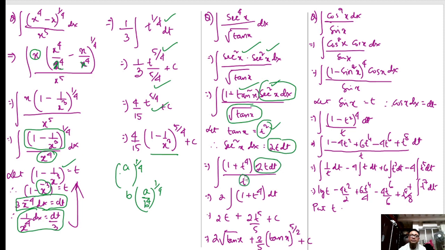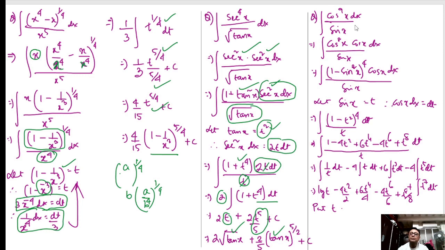Lower part is t, and upper part is 1 plus tan square x. Now tan x is t square, so this becomes t4. If I open the bracket, t2 will come out, so it is coming 1, and this t and t will cut. So integrating separately, integration of dt will be t, integration of t4 will be t5 by 5. So putting the value of t, we are getting the answer.